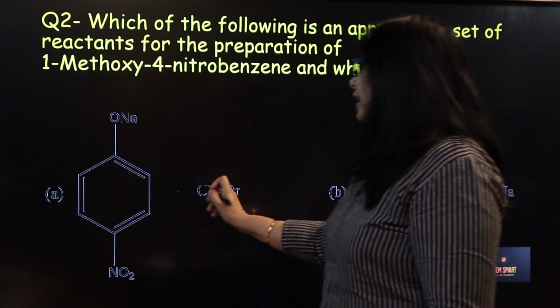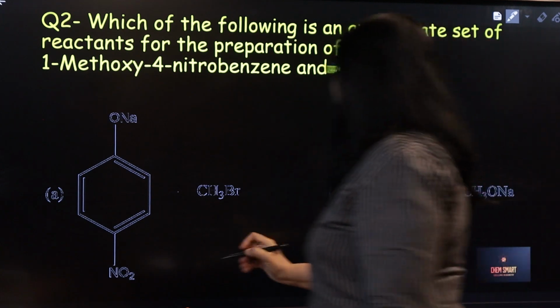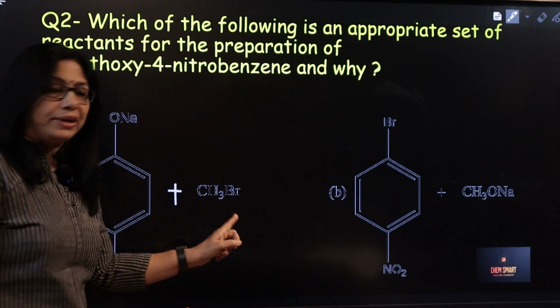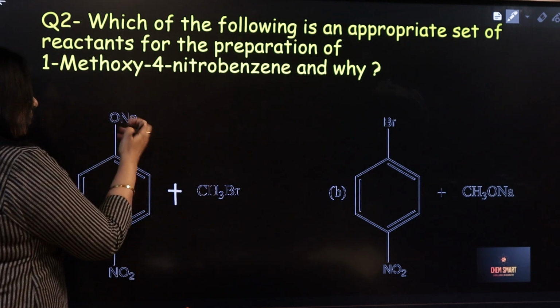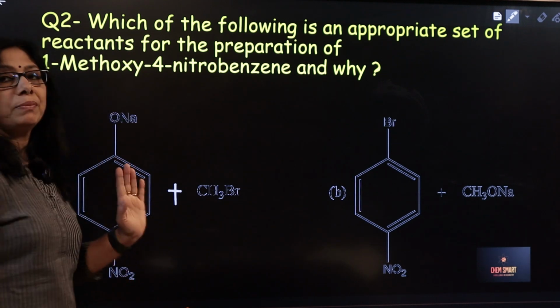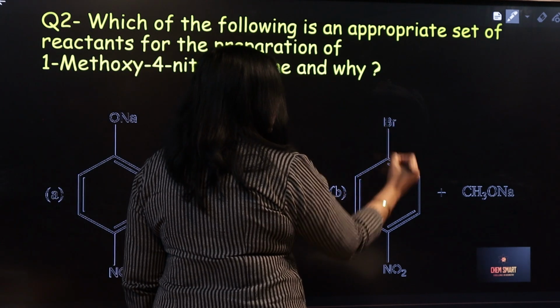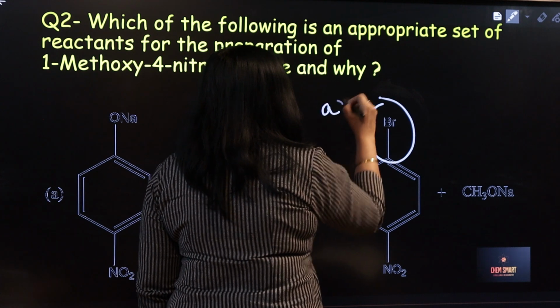Here in this particular case, methyl bromide is reacting with this ONa. This is sodium phenoxide, 4-nitro sodium phenoxide. Here, halogen is directly connected to the benzene ring. So, this part is an aryl halide.